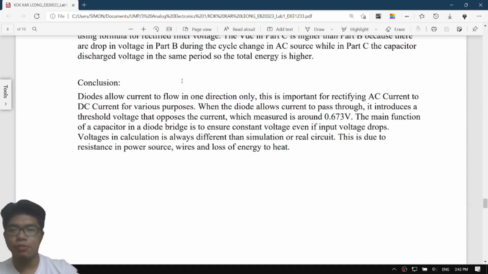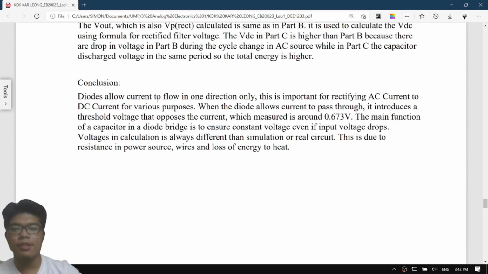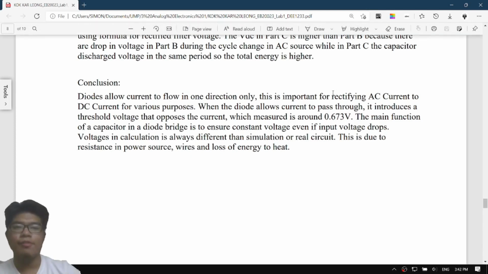So in conclusion, from this lab, we know that diodes allow current to flow in one direction only. This is important to convert or rectify an AC current to DC current for various electrical components.